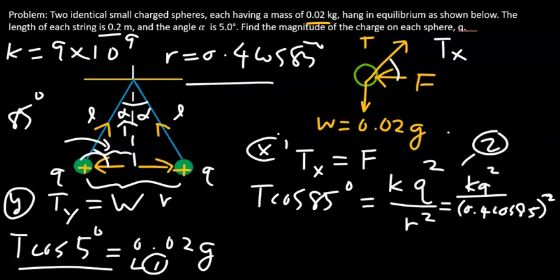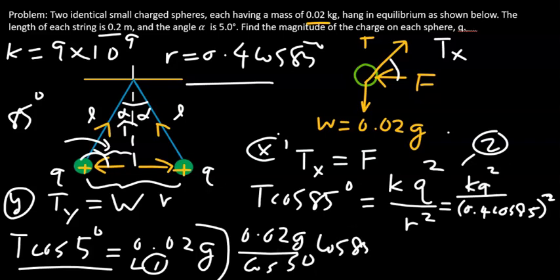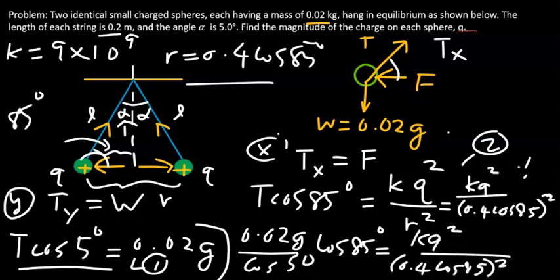Substituting the expression for T from equation 1 into equation 2, you will get 0.02 g over cosine 5 degrees times cosine 85 degrees equals kq squared over 0.4 times cosine 85 degrees squared.